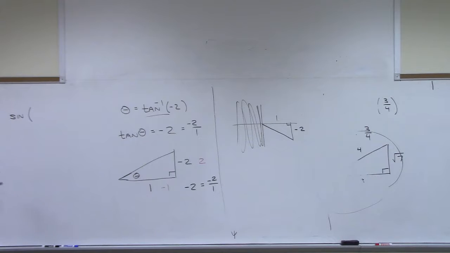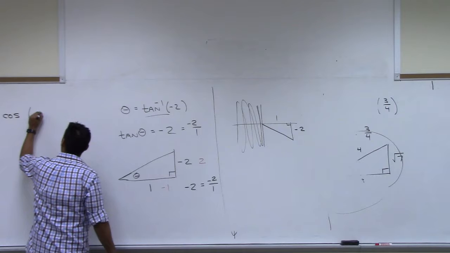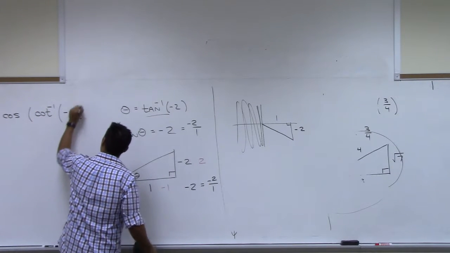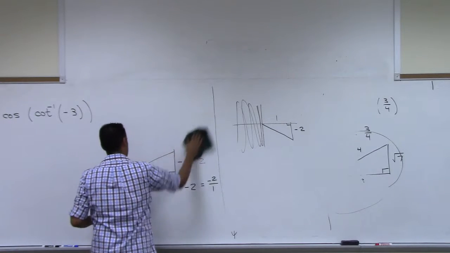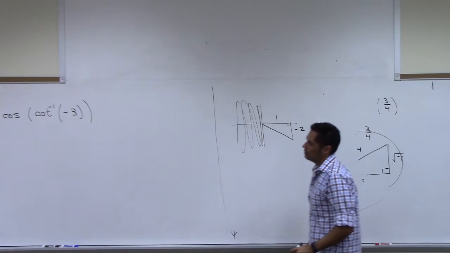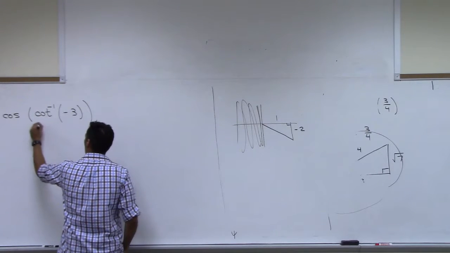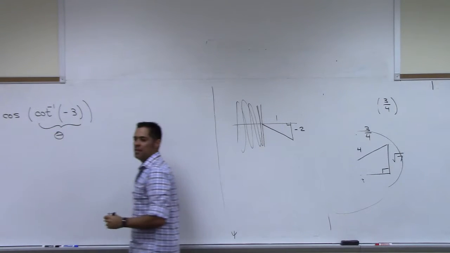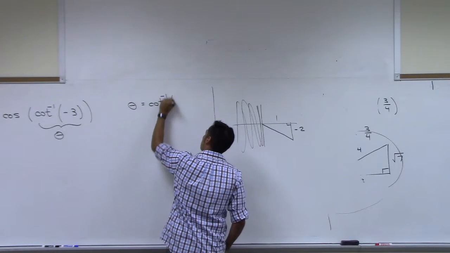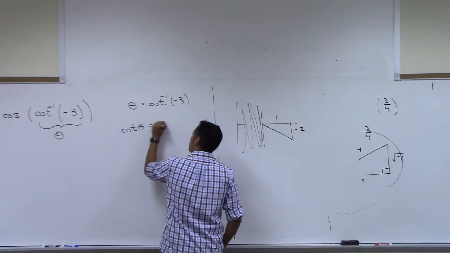Okay, I'll give you just one more, sorry. Let's go cosine of cotangent inverse of -3. Now call this theta, because that's going to produce an angle. Theta is equal to cotangent inverse of -3, which means that cotangent of theta is -3.